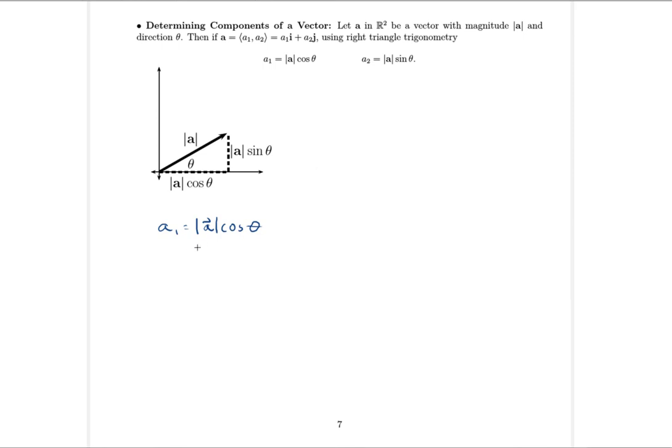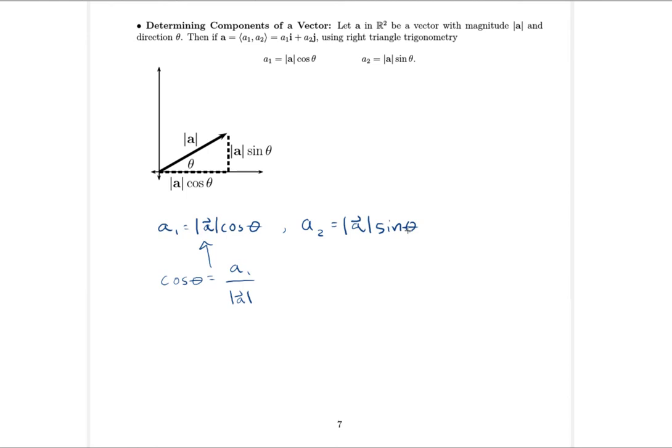So, in other words, cosine of theta is A1 over the magnitude of A. So then solving for A1 just gives you that. And similarly, the A2 component, the y component, is the magnitude times the sine of theta. So we can always use that in any situation where it's appropriate.